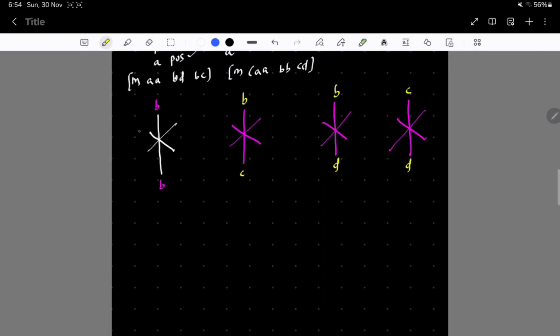For the B2B combination, the remaining ligands we can arrange as AACD, right, AABD. Next remaining combinations we will write: AABC and AABB, right. So these are the combinations.